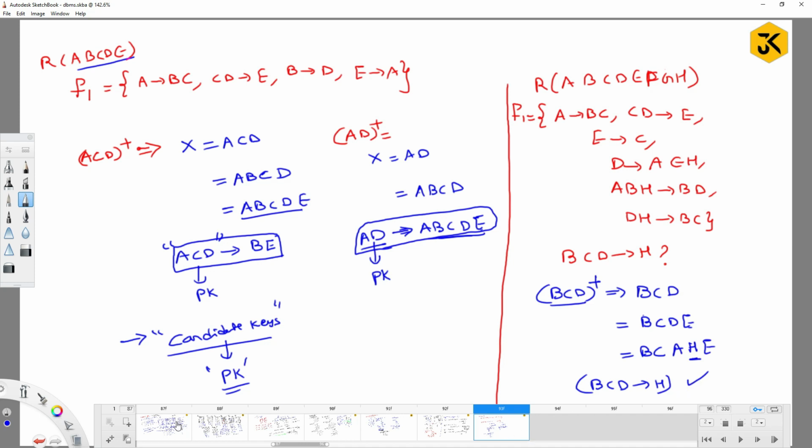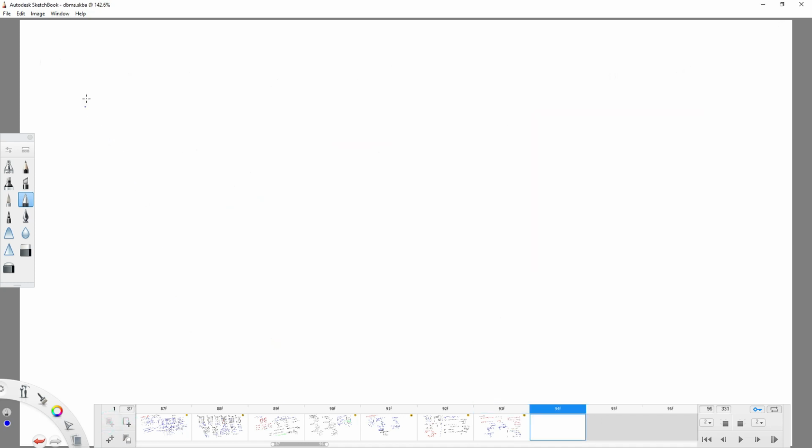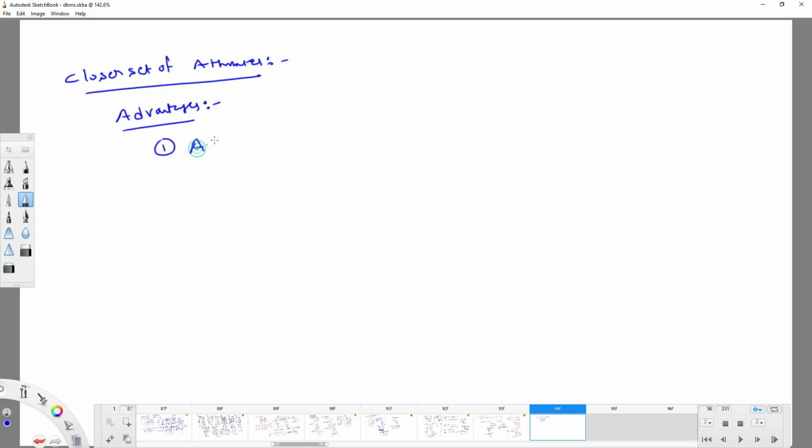So with the help of the closure set of attributes, we are going to have various kinds of advantages. Among those, what is the first advantage? You can find the set of additional functional dependencies.